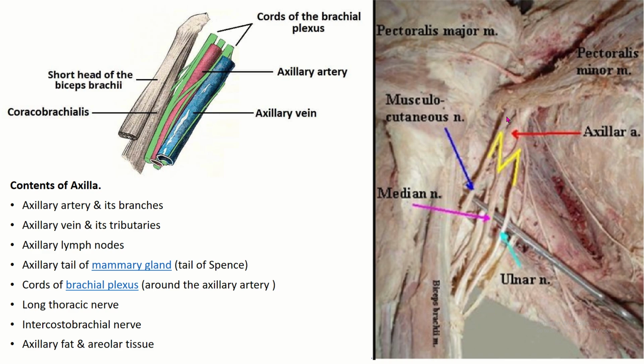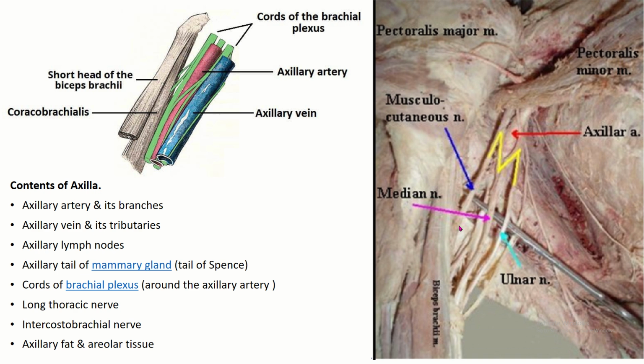So this is the lateral cord, and you see from the lateral cord, the musculocutaneous nerve arises. This nerve mainly supplies the muscles of the anterior compartment of the arm: biceps brachii, brachialis, and coracobrachialis.